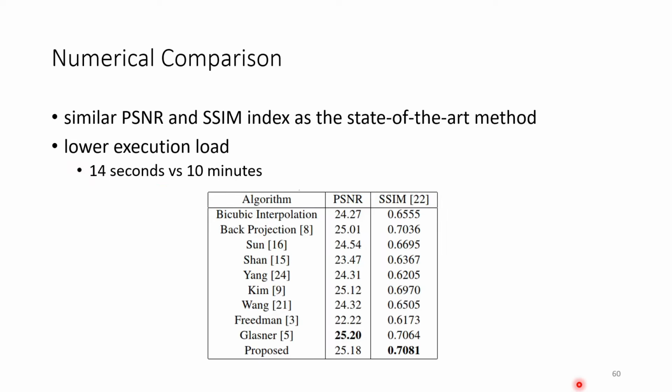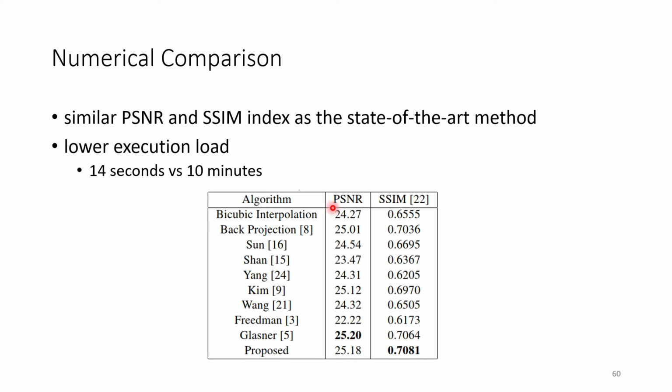If we run the test, we use 200 images from the Berkeley segmentation dataset as our test dataset. Then we average their PSNR and SSIM index. Ours is almost as good as Glasner's method. In SSIM we are slightly better than theirs, but for PSNR we are slightly worse.